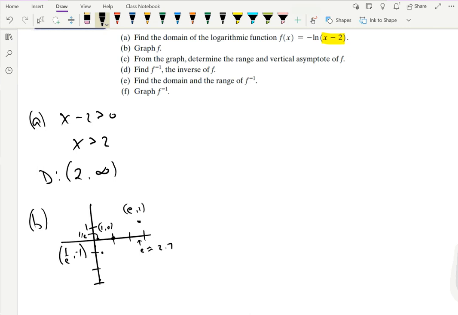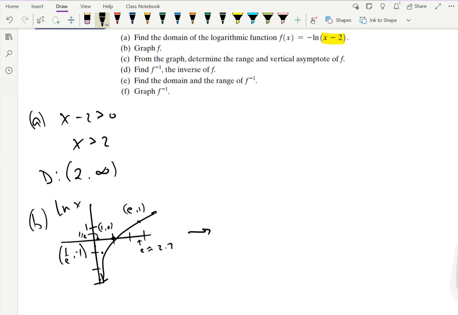Over here, that's the x value, so the y value is going to be -1. So we end up with this being the logarithmic graph of our parent function. This is not e to the x, that's the natural log of x.